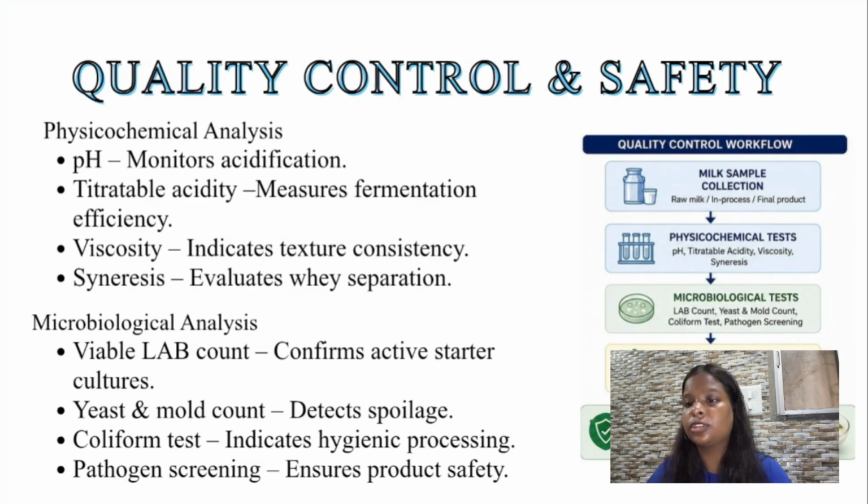Modern dairy industries also implement HACCP, or hazard analysis and critical control points, to monitor contamination risk throughout production. These quality assurance measures ensure that yogurt remains safe, nutritious, and consistent for consumers.